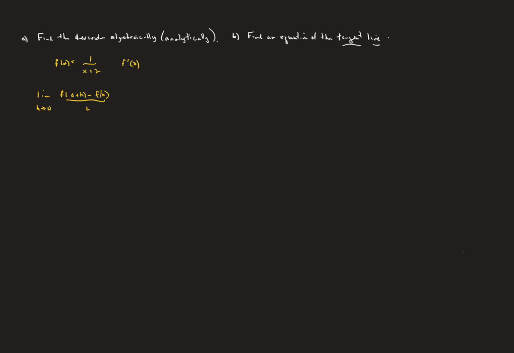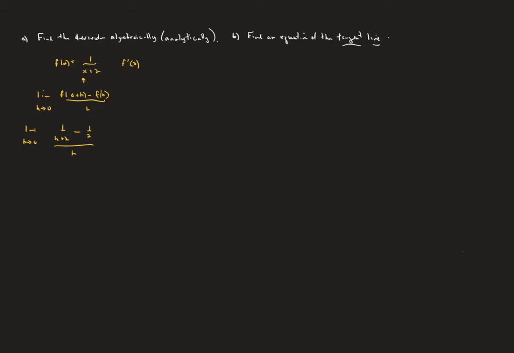So f of 0 plus h means we're plugging in 0 for x. So that's going to be the limit as h goes to 0 of 1 over 0 plus h plus 2, I guess that'll be h plus 2, minus f of 0, which is 1/2, all over h.